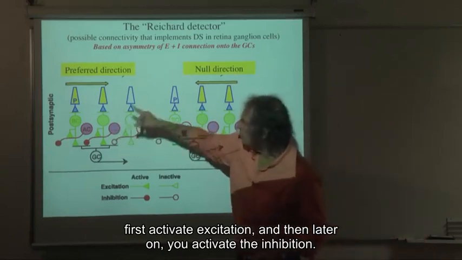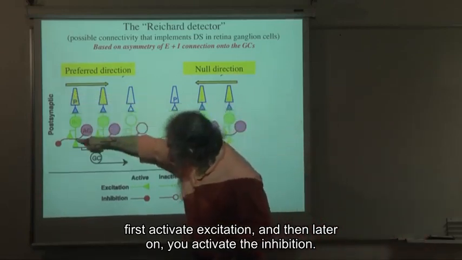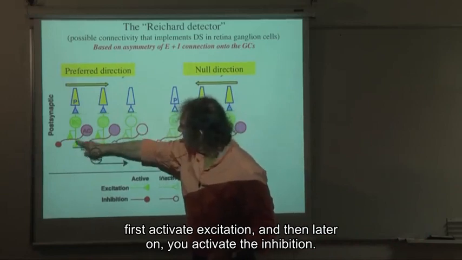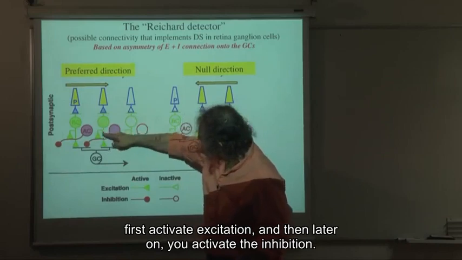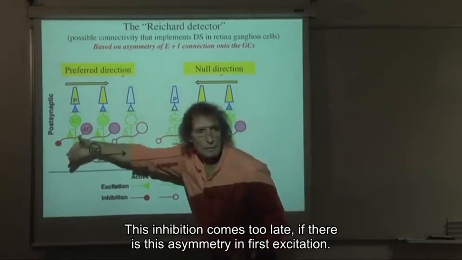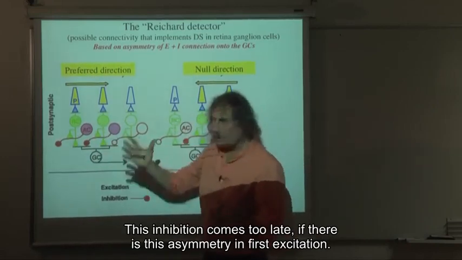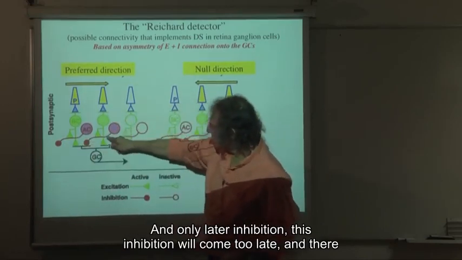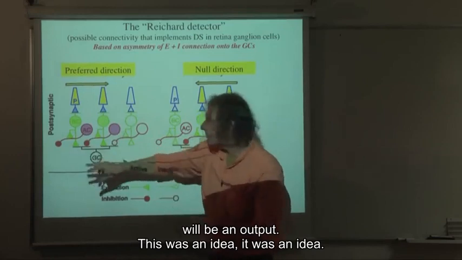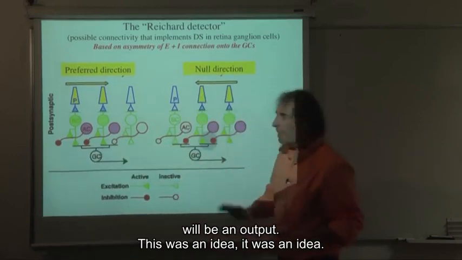But if you move the other direction, you first activate excitation, and then later on you activate the inhibition. This inhibition comes too late if there is this asymmetry, first excitation and only later inhibition. This inhibition will come too late and there will be an output. But this was an idea.